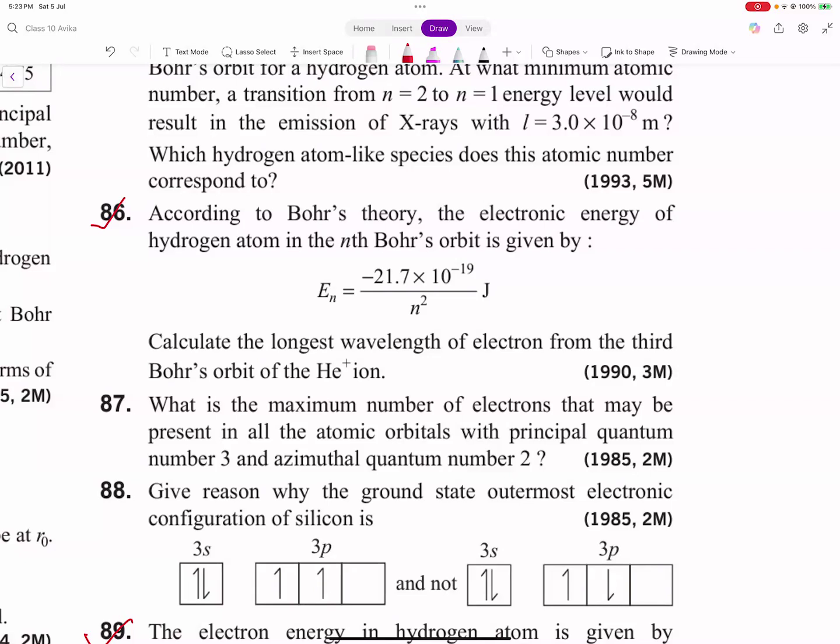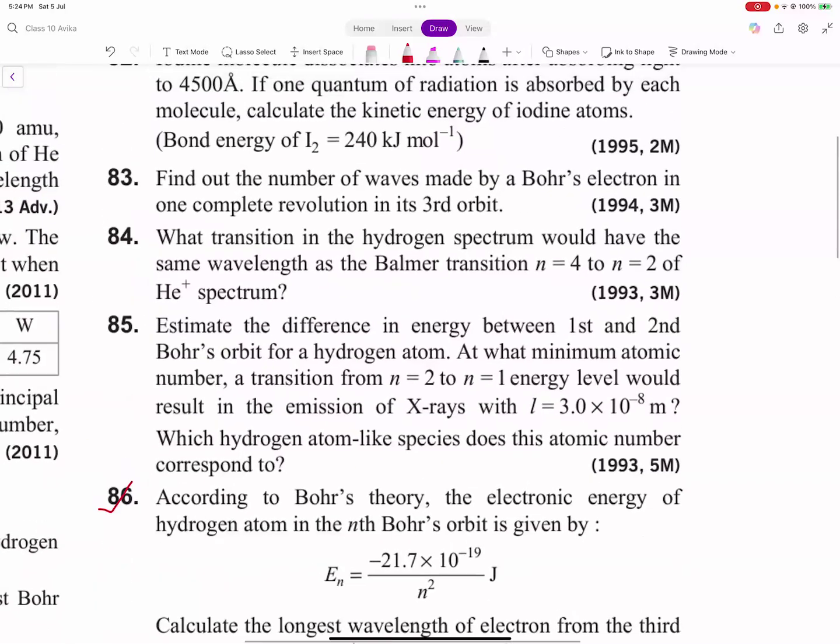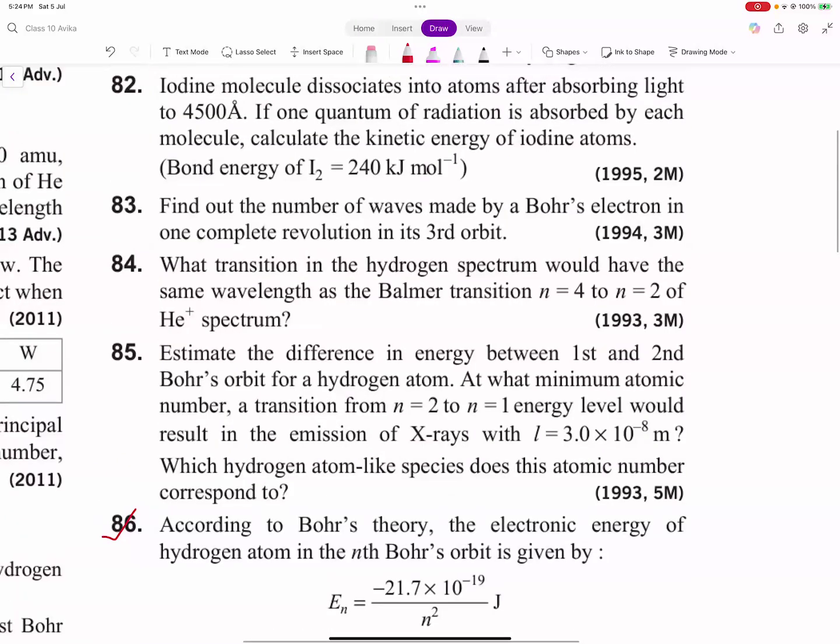I'm getting 656.335 nanometer. Yeah. Do 84.